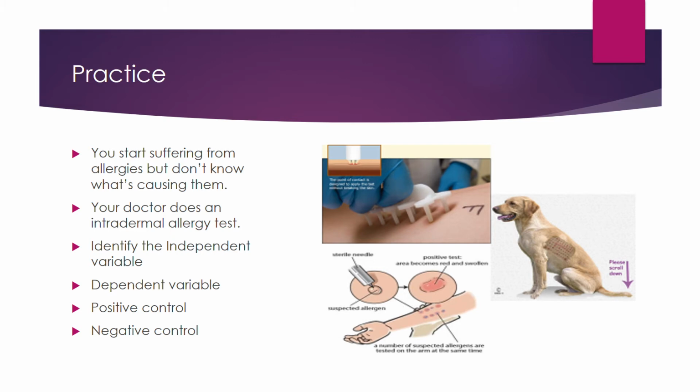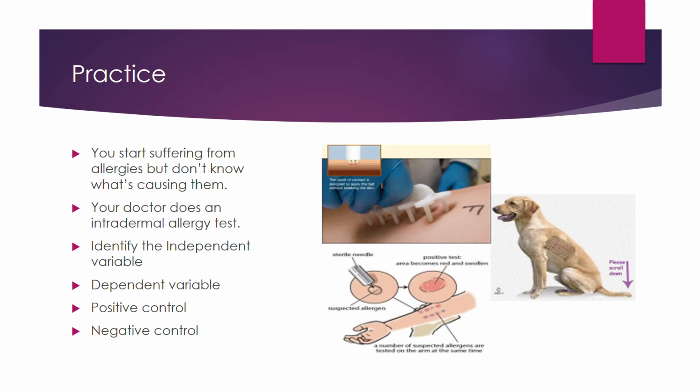But one of those needles is always going to be dipped in pure water, and one of those needles is always going to be dipped in something that we know for sure will cause a reaction, like perhaps mosquito venom.